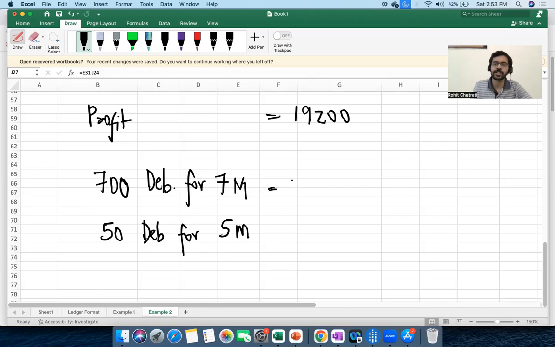Now, on a per month basis, we also saw it a number of times, the interest is actually rupees 10.